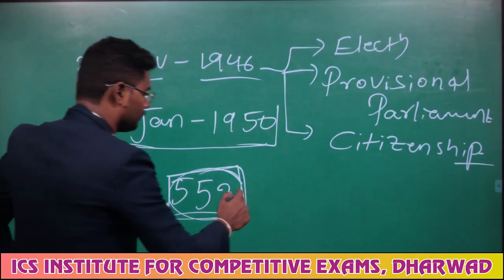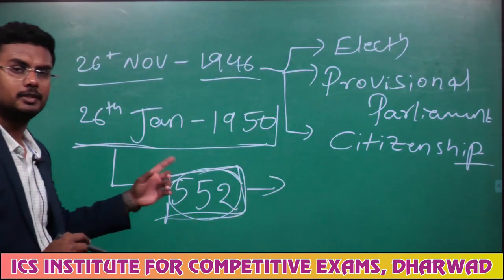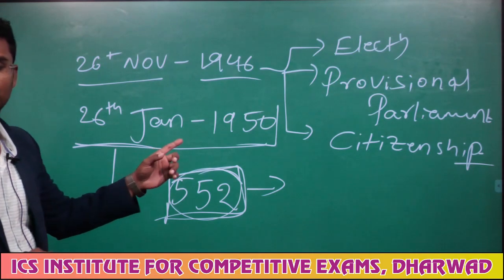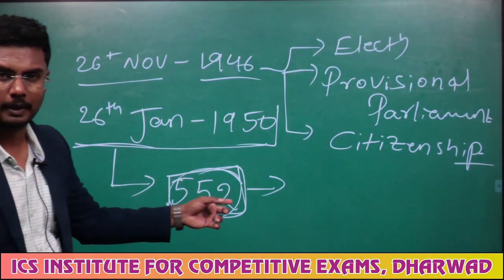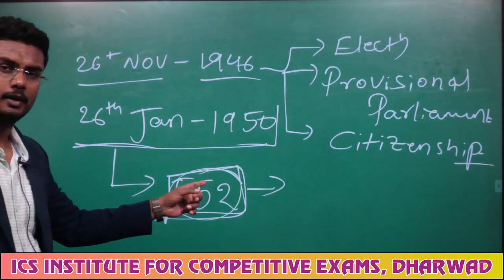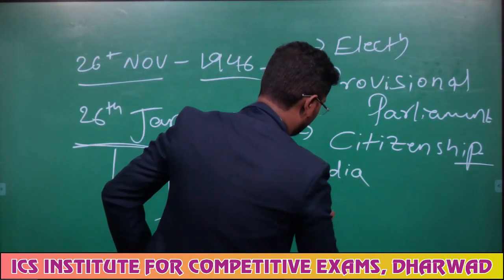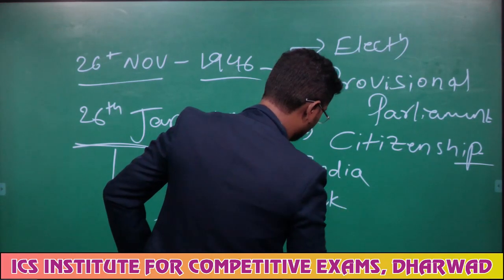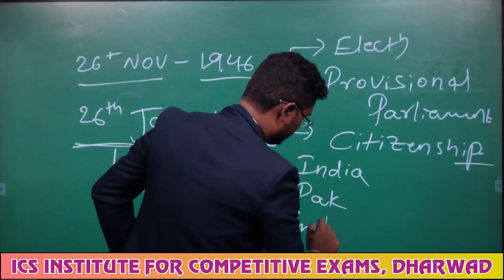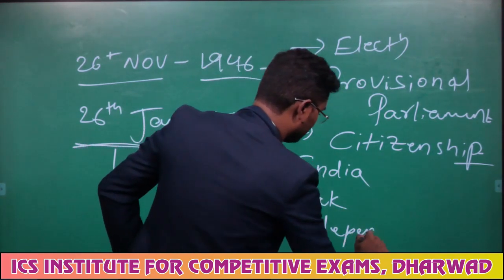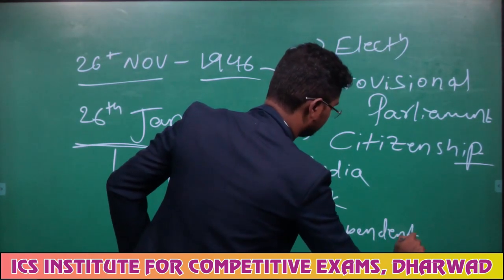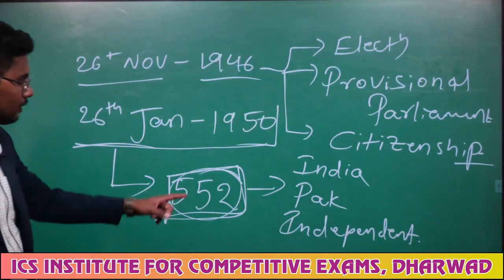Right? So when Britishers left India as per the Mountbatten Plan or June 3rd Plan, these regions were free to join either India or Pakistan or remain independent. Fine.